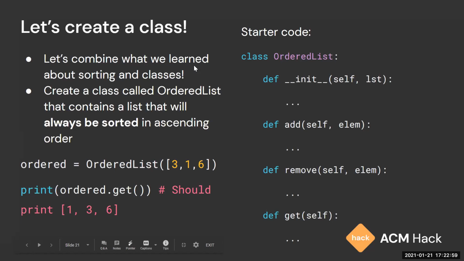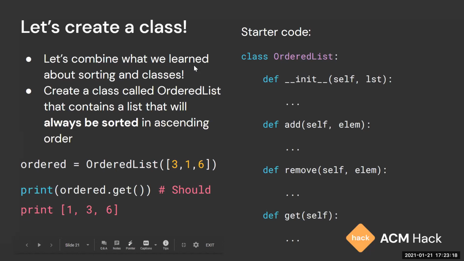So right now we have an order list and we have an init method that takes in a list. So list will be a list. And in order to set the self property of a list, we will have self.lst equals list.